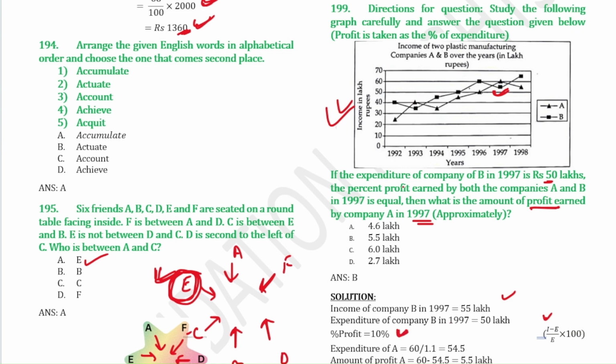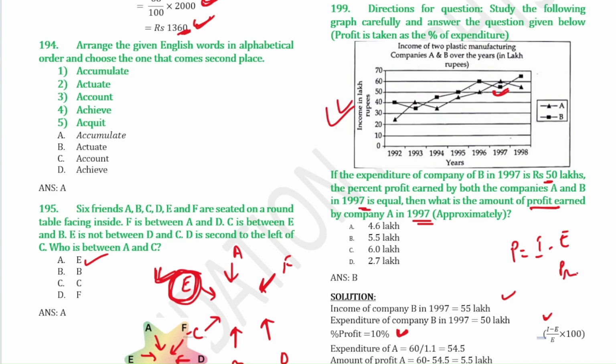Here it is mentioned that the profit earned by both companies A and B is equal in the year 1997. So similarly, the profit for company A will also be similar to company B, right? So that means the profit percent for A will also be 10% because the profit percent for company B is 10%. Now we firstly have to find the expenditure, because we know that income minus expenditure will give you the profit.